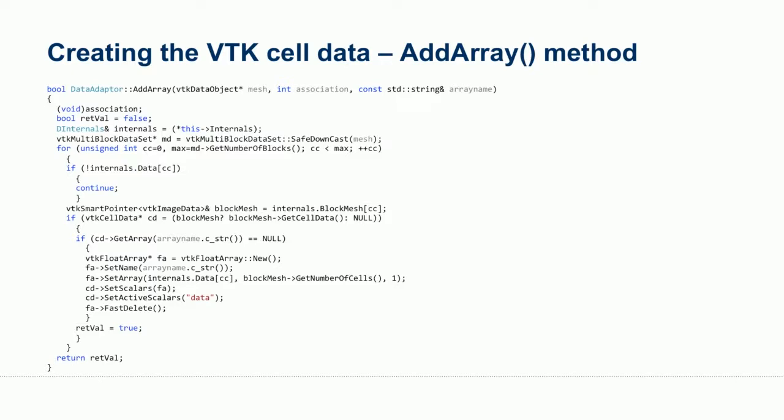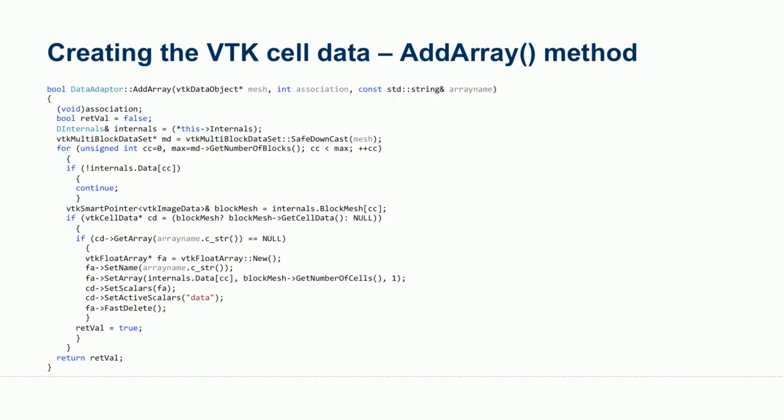So then we're going to look inside the multi-block data set to get the number of blocks, and we're going to loop over those. Recall that the multi-block data sets are these trees. The nodes that are local have non-null pointers with the data objects in them, and all of the nodes that are remote and off rank are null pointers.